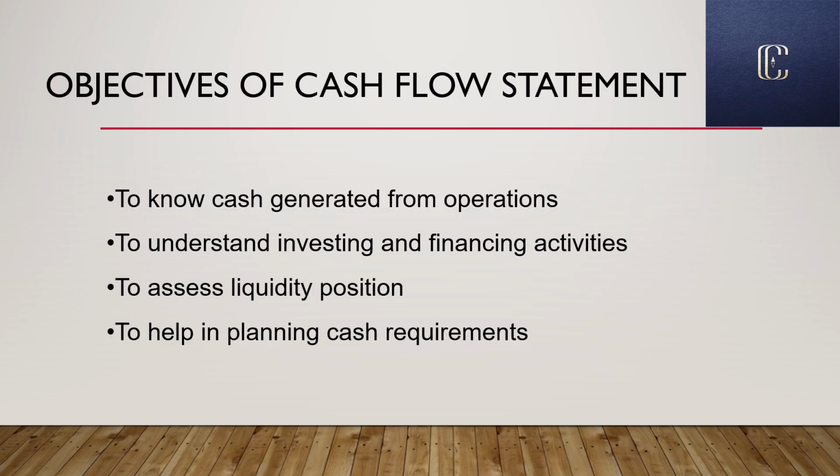For example, if a company keeps borrowing every year, risk increases. If a company repays loans regularly, financial strength improves. So, the cash flow statement gives a complete financial picture of the organization.